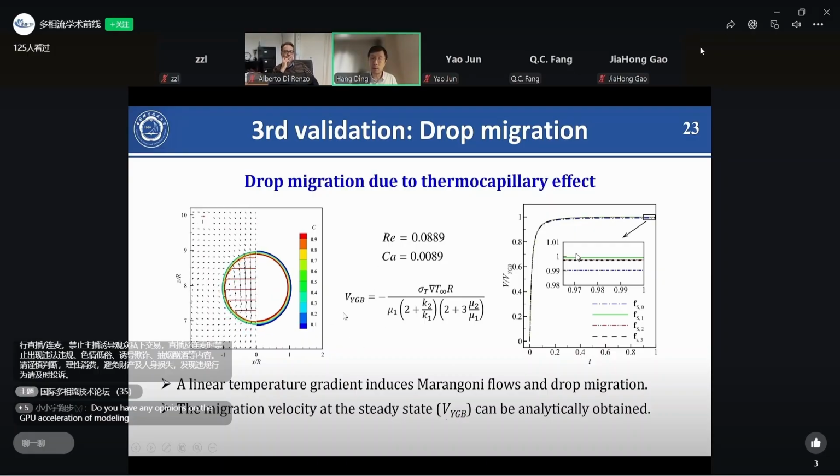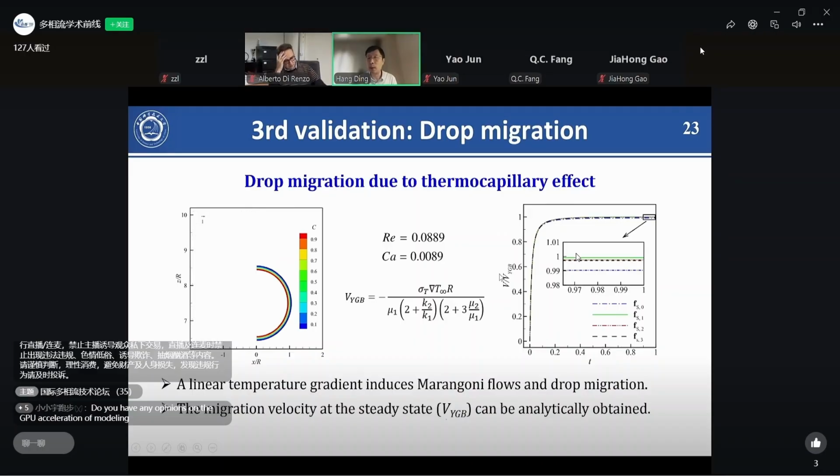Because when the flow is very viscous or the speed is very slow, at the limit of low Reynolds number and Capillary numbers, we can expect an analytical solution, which I give in the middle of this figure. So we compare our numerical solutions with this analytical solution. We can find that no matter which surface tension method we use for the calculations, we have quite good agreement between numerical results and analytical solutions here.